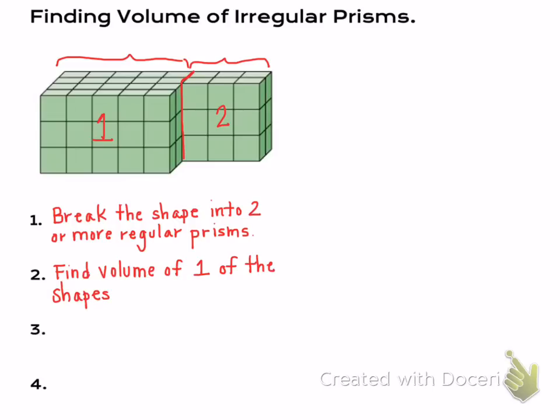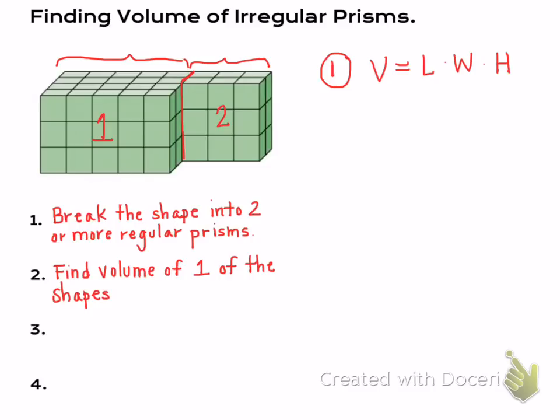Okay, so we're going to start with number 1. I know that volume equals length times width times height. So what I'm going to do is find the volume by finding the length, the width, and the height of just number 1.